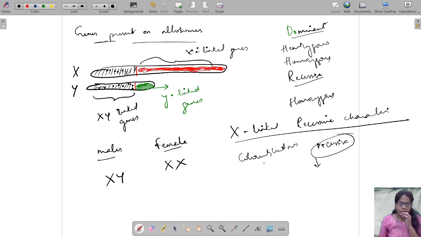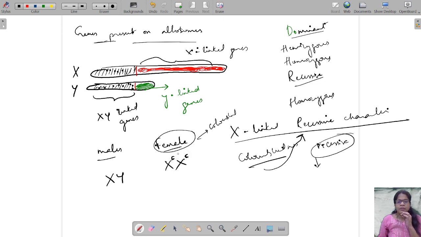So when I told you that color blindness is an example of X-linked recessive, the female is considered to be color blind only when both X chromosomes show the recessive condition of color blindness. That is what I am representing with a small c.